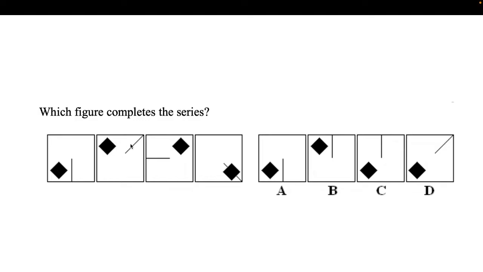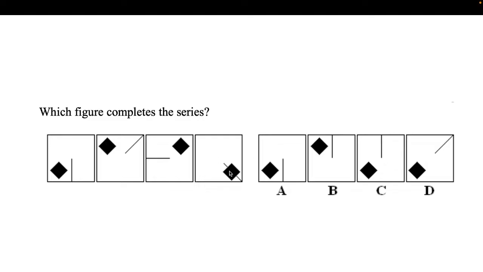Okay, and then from here again it's moving by half and a quarter. From here it's moving a half, so this point, and again a small piece to the right. So what we expect to see is that again it moves by half, so it should be here, and a quarter, so it should be here in the middle. So if you look at both the schemes, C is the appropriate answer.